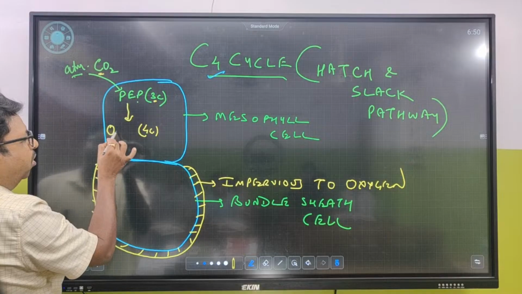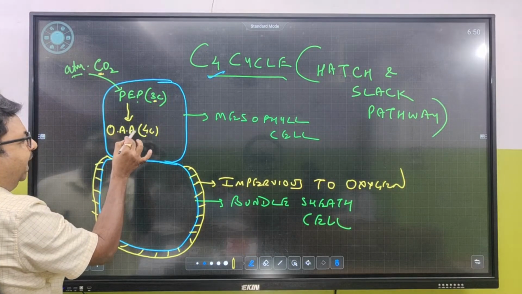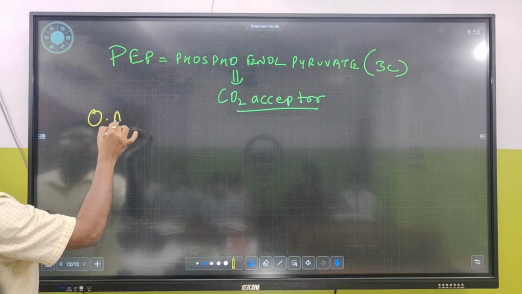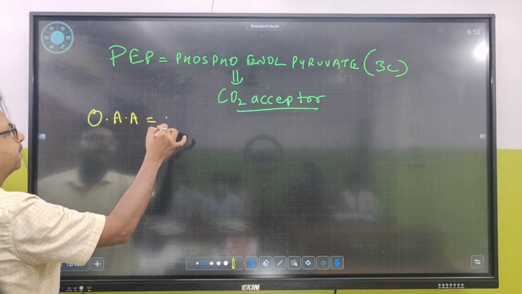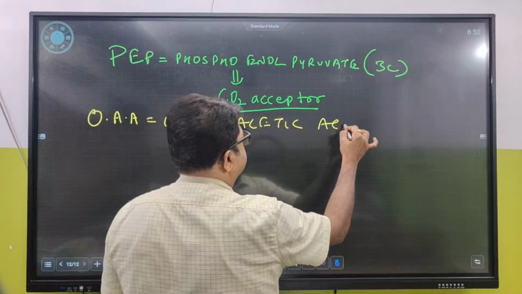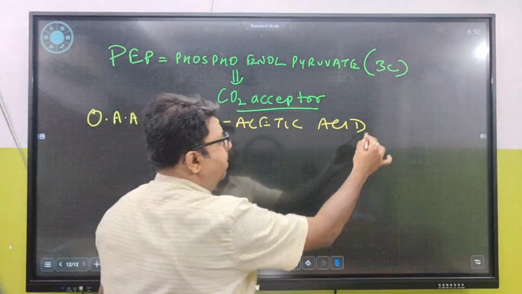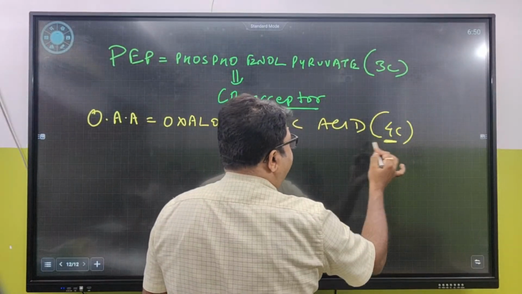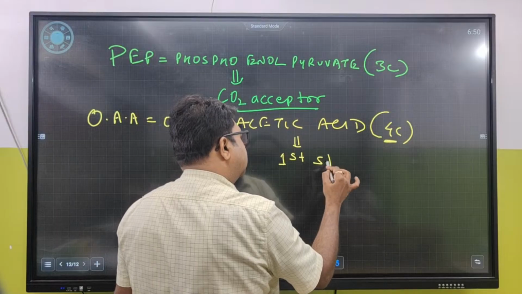And this 4-carbon compound is OAA. What is OAA? Oxaloacetic acid. It is called the first stable compound.